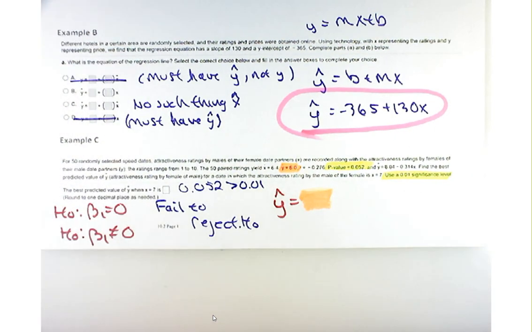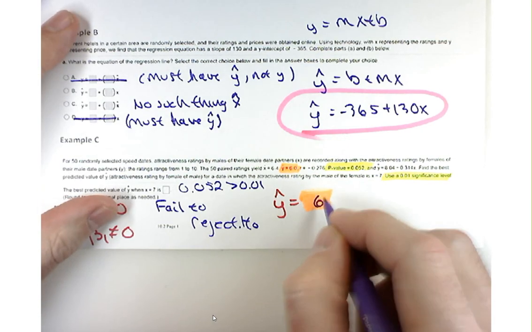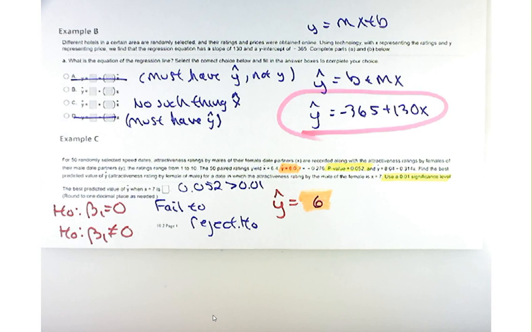So that's your predicted value. Y bar is 6. That's it. Done. It kind of feels like a lot of work for just that little result, but that's the best you can do sometimes.